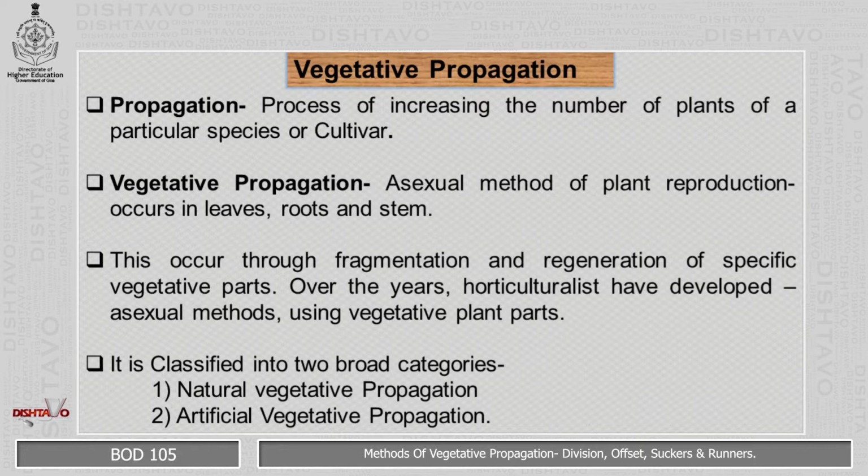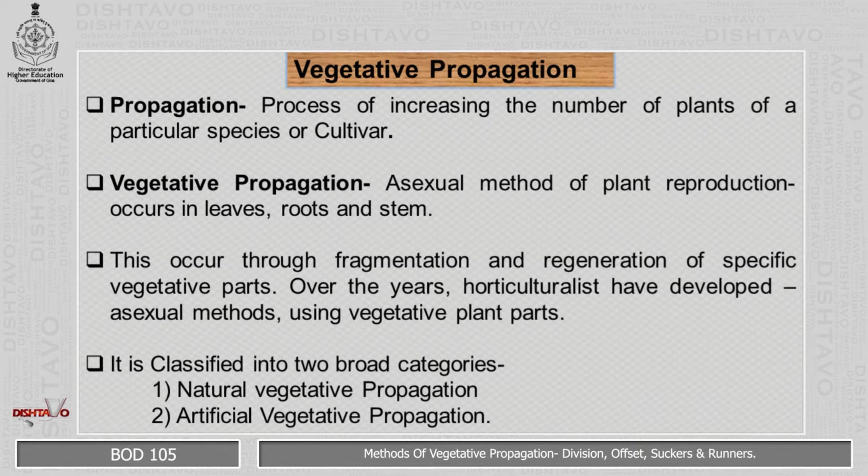Now, fragmentation is another process wherein a plant produces several fragments, and each fragment has a capacity to regenerate into a single plant. Over the years, horticulturists have developed asexual methods using vegetative plant parts.